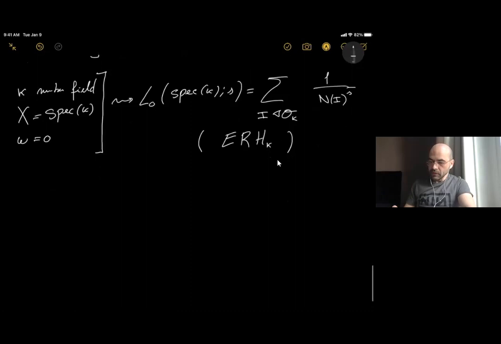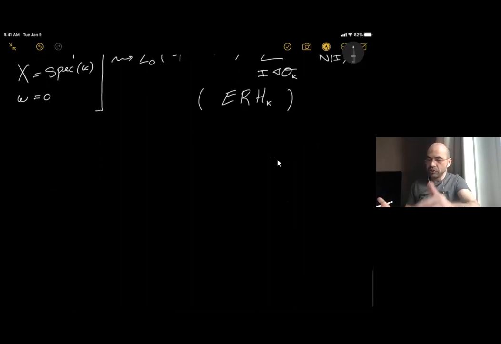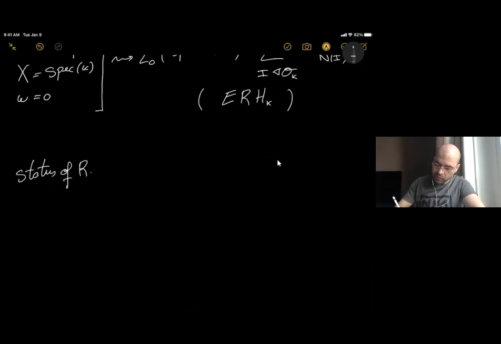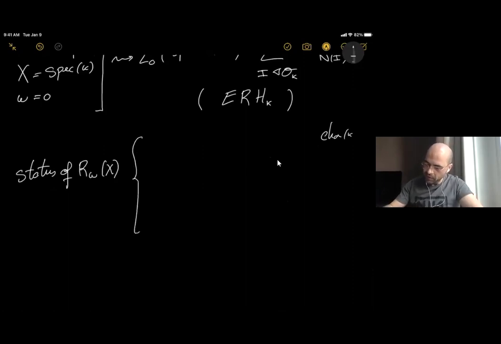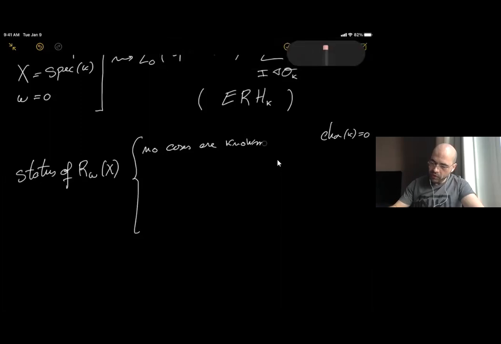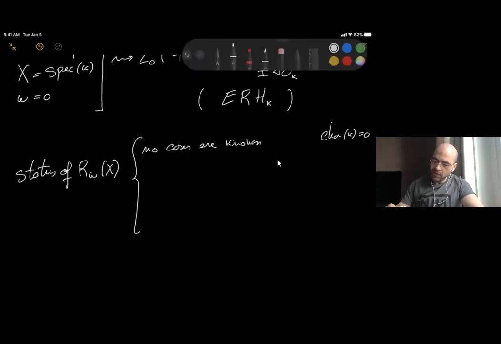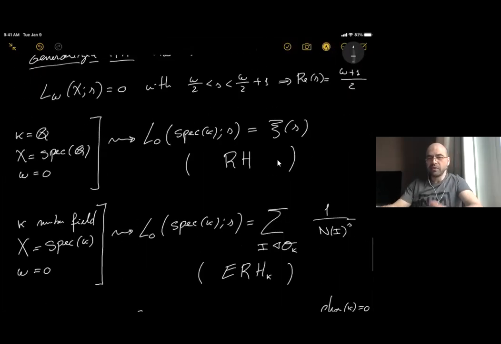Okay. And finally, we have this huge conjecture, and what is its status? The status of the generalized Riemann hypothesis. Well, as you expect, in characteristic 0, no cases are known. It's completely open, of course, because you see that even the simplest case is just the Riemann hypothesis.